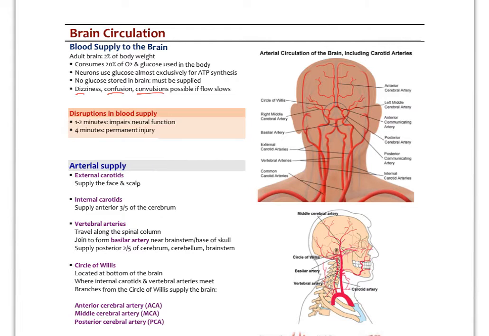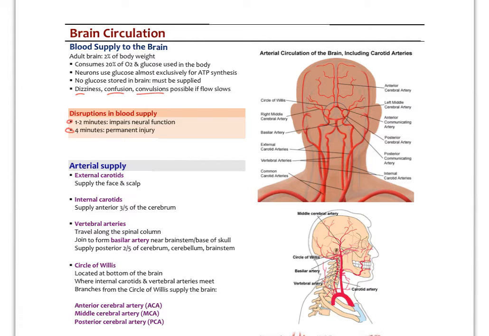If there's a disruption in blood supply to the brain, in 1 to 2 minutes, this will impair neural function. In 4 minutes, we have permanent injury. And this is why in things like CPR, they really emphasize getting the chest compressions going. Chest compressions in CPR are only about 30% effective; they only put out about 30% of the normal cardiac output that the heart normally puts out.